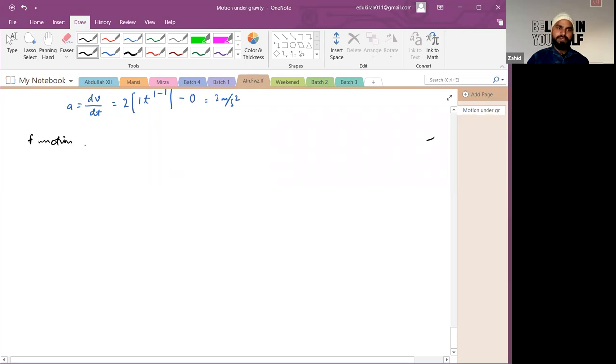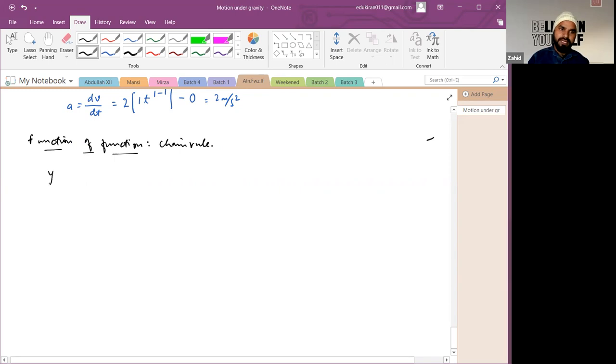There is a rule which is called function of function, for which we use the chain rule of differentiation.